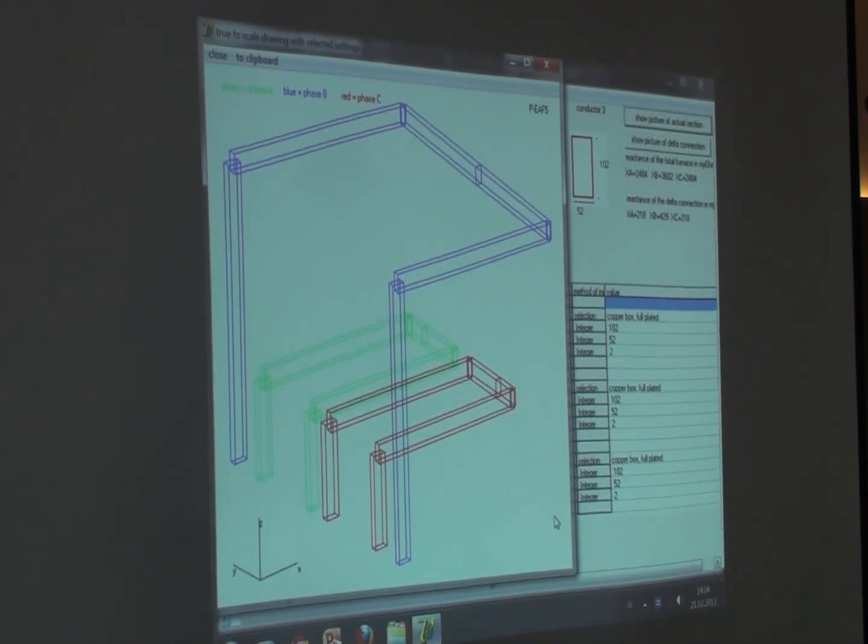Now write it down. We make a loop here, and we put these values into this equation.